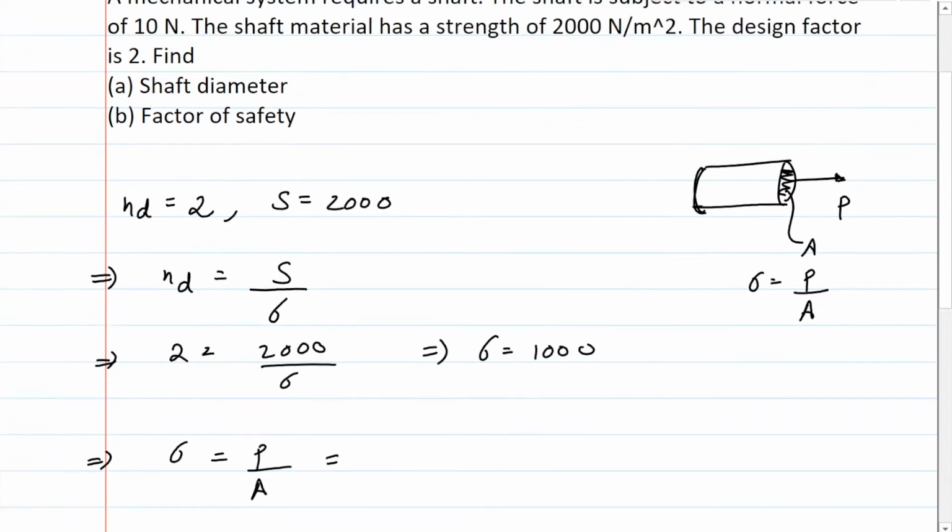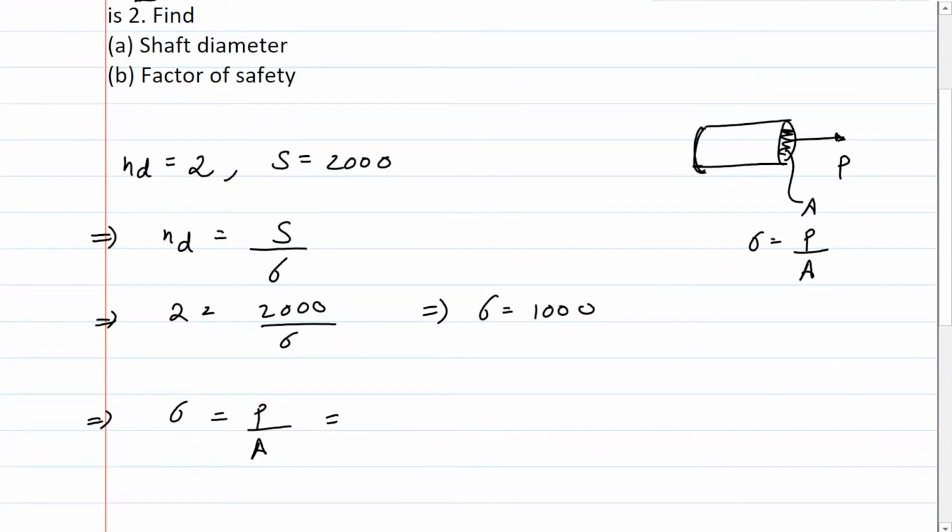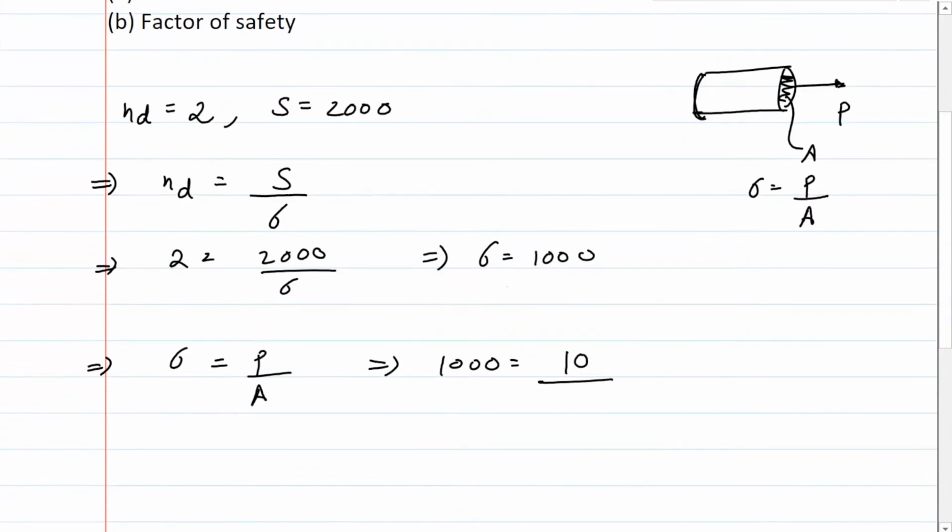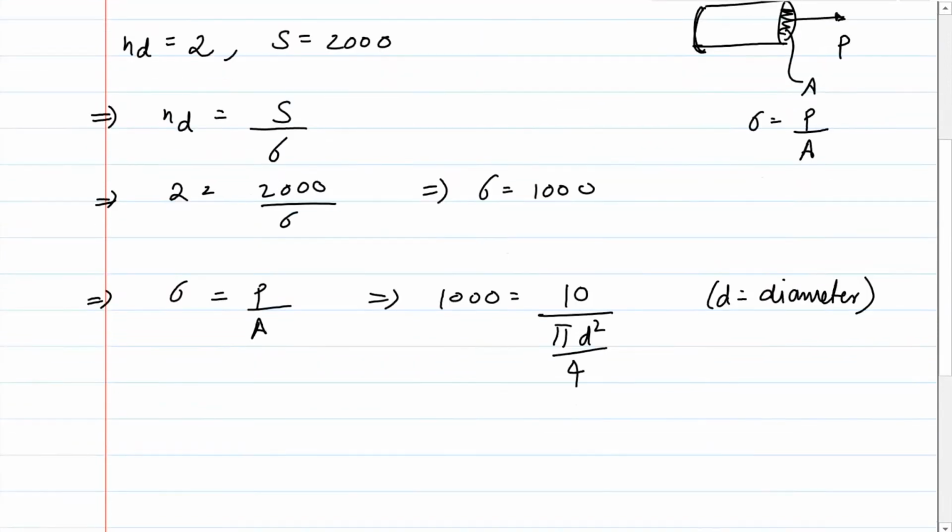The force is given to us, it's 10 newtons. So 1000 equals 10 divided by the area. The cross-section area is pi d squared divided by 4, where d is the diameter.